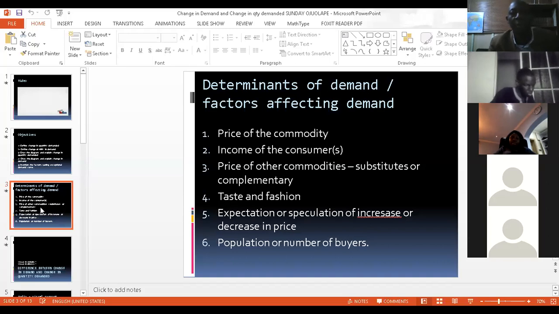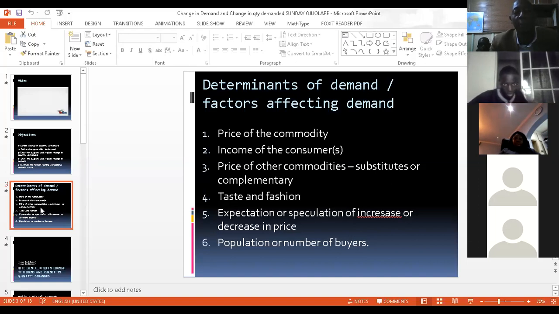Then also, we have one of the determinants of demand as taste and fashion. When people have a taste for certain items, the demand for such a commodity continues to rise. An example would be when we used to have Nokia phones. There was a very popular phone called Nokia 3310. It was in fashion for a very good period of time.